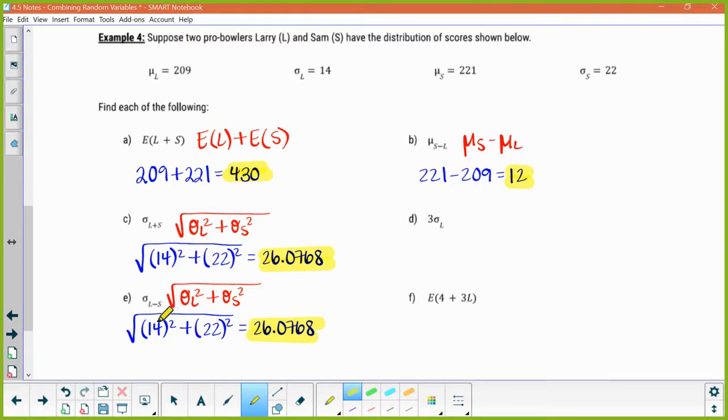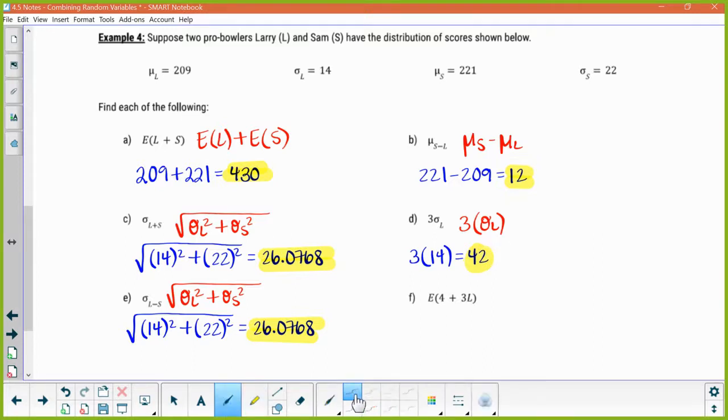We will never subtract standard deviations from each other. We will always add. Now for D, we just want to take the standard deviation and multiply it by 3. Because multiplying affects standard deviation, I'm going to just take that value I multiplied by and multiply it, which is going to give me 42.